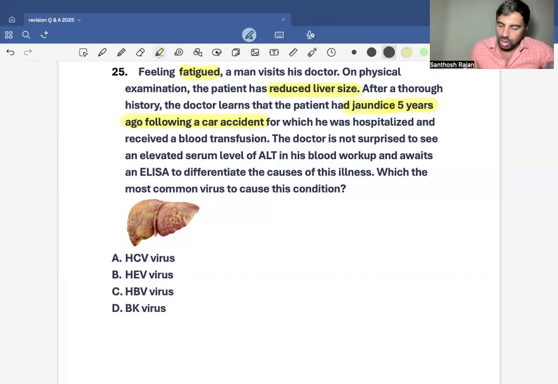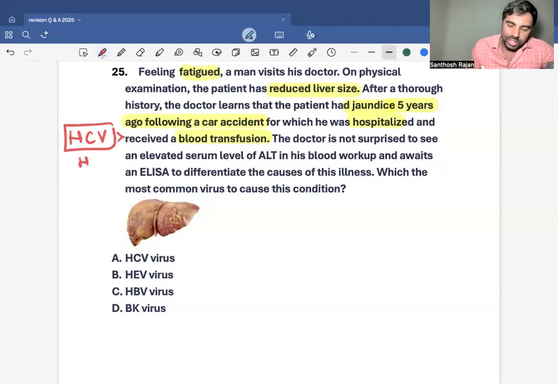Something happened, hospitalized, blood transfusion. Blood transfusion means the most common virus during blood transfusion is hepatitis C virus first, followed by hepatitis B virus. Always C virus. So first, cirrhosis we got a clue, and then hepatitis C clue we have got.